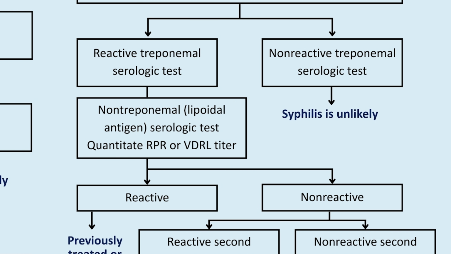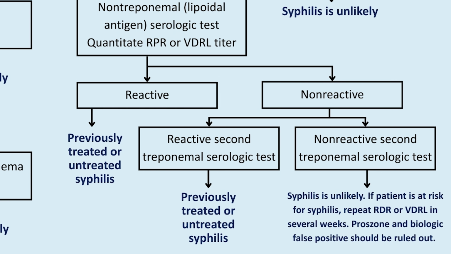If the confirmatory test is positive, meaning both your treponemal and non-treponemal tests are positive, this indicates previously treated or untreated syphilis. Both the clinical assessment and sexual history will determine if this is a new or old infection. If the confirmatory test, RPR or VDRL, is negative, meaning you have a positive treponemal test and a negative non-treponemal test, do a tiebreaker test with another type of treponemal test, for example, a TPPA or a syphilis IgG.